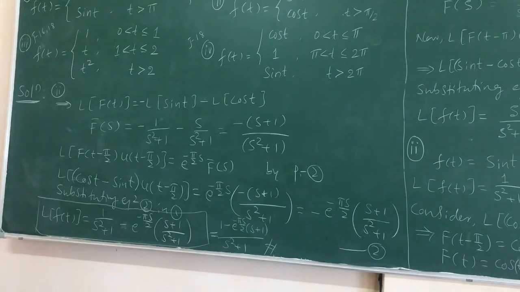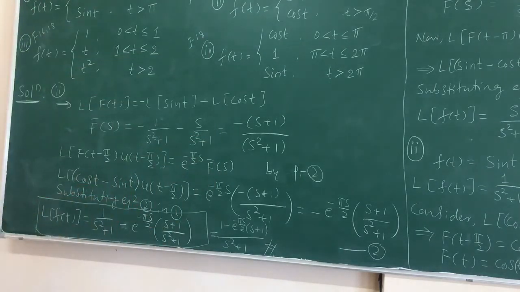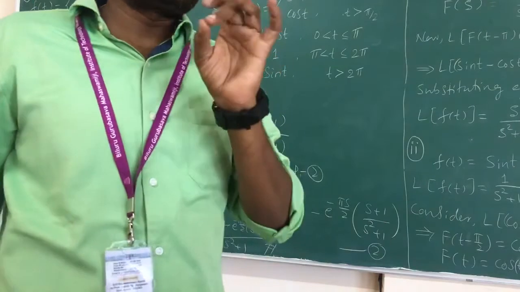Clear? Nice. Similarly, third example, I think it is visible. Yes. Third example: f of t. In the previous two examples we have only two sub-functions, f1 and f2.